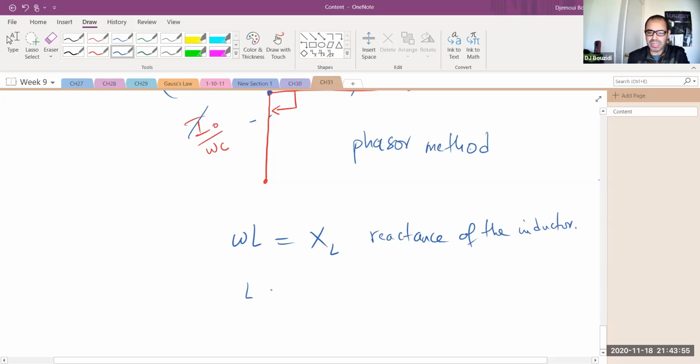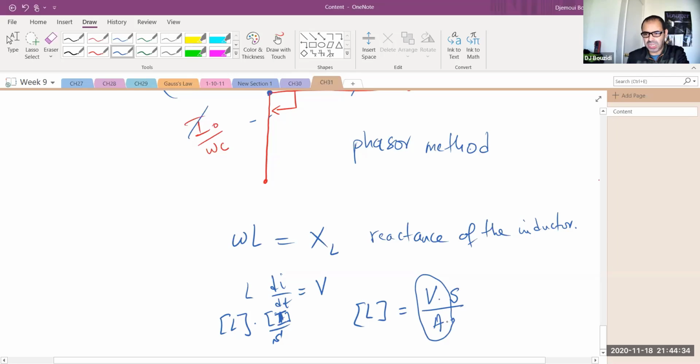Just think about it. L times dI over dt, where L dI over dt is a voltage, the voltage across the inductor. So the units for L are the same as a voltage times second divided by a current, the amps. And a volt over an amp is actually an ohm.